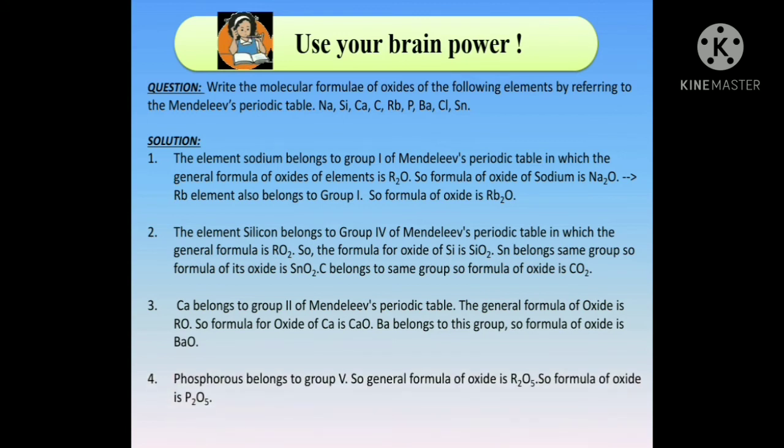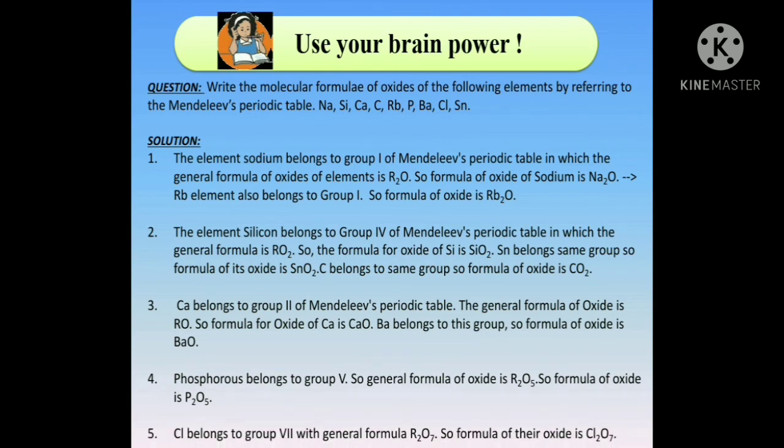Phosphorus belongs to group 5. So the general formula of oxide is R2O5. So the formula of oxide is P2O5, that is phosphorus pentoxide.